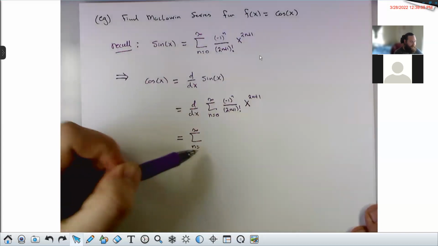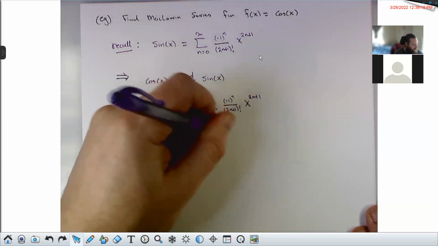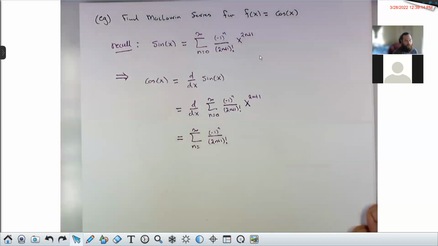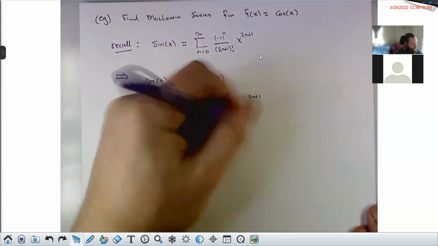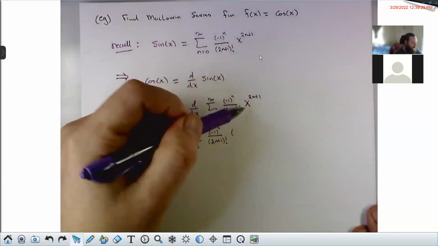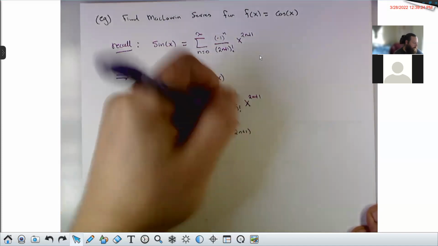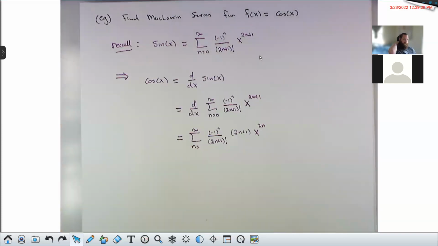I'm going to leave the starting index off for a second because we need to talk about that. I leave the -1 to the n over 2n plus 1 factorial, and I just differentiate this. The derivative of x to the 2n plus 1 is 2n plus 1 times x to the 2n plus 1 minus 1, which is just x to the 2n.